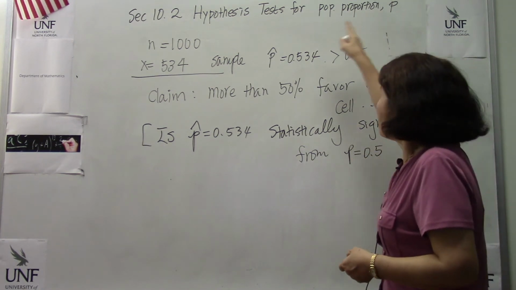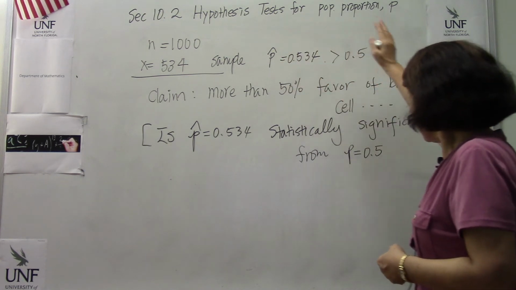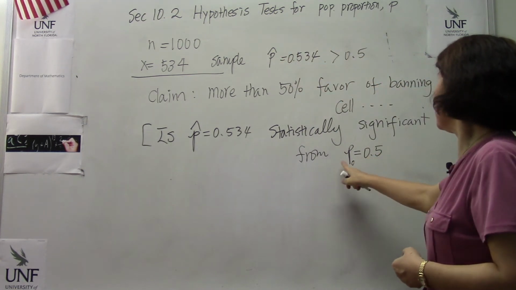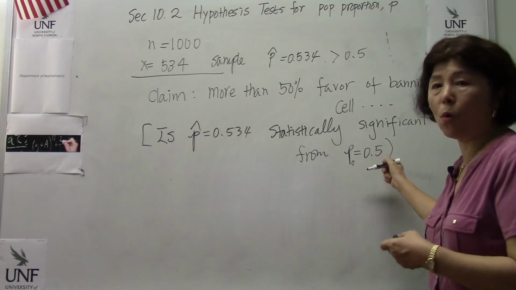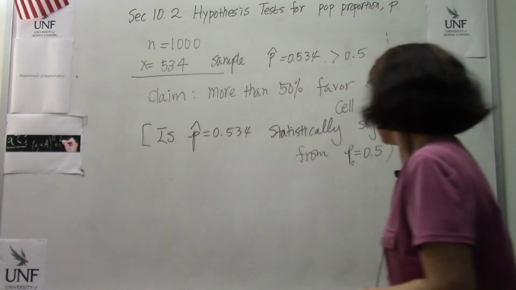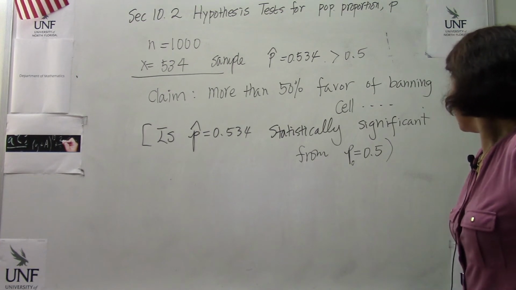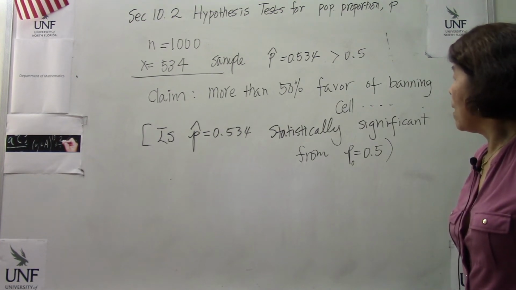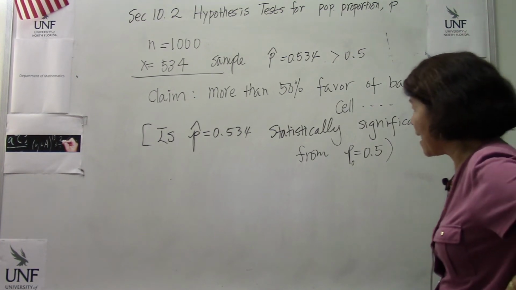Sometimes we use P and P naught to indicate that this is our old data. That is how we are going to show all that.